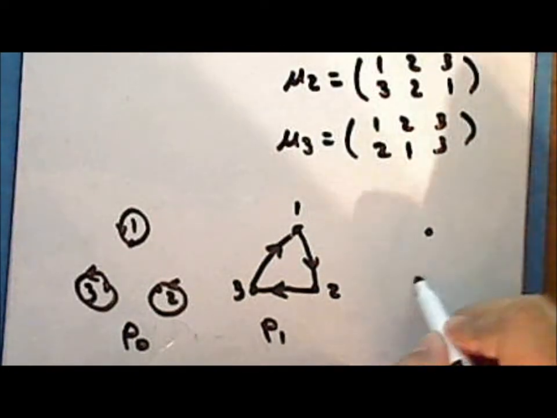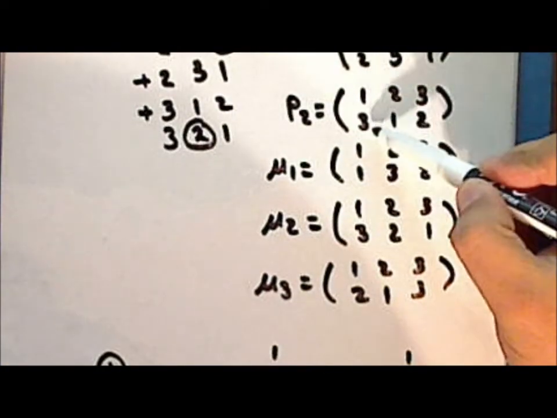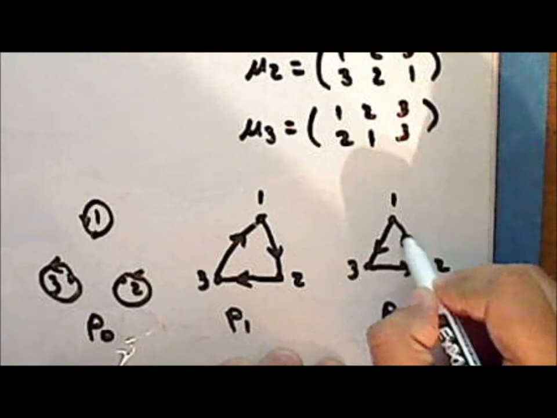And now if we look at rho sub 2, 1 is mapped onto 3, 2 is mapped onto 1, and 3 is mapped onto 2. So 1 is mapped to 3, 3 is mapped to 2, and 2 is mapped to 1. So we have a cycle here.